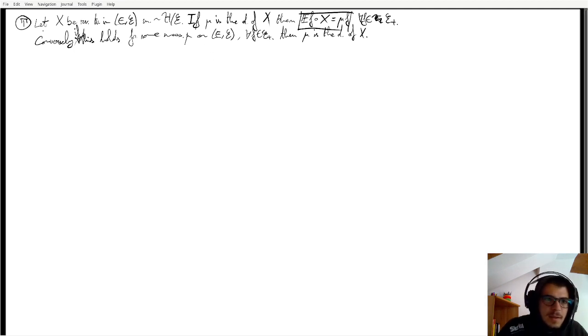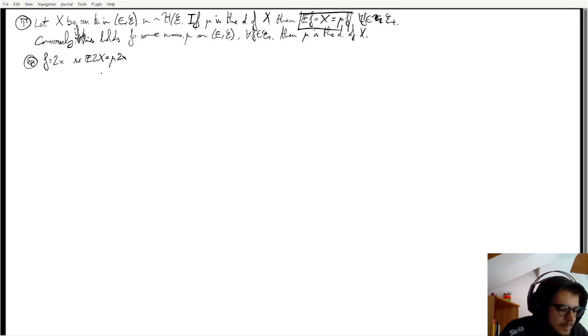And here I made an example. For example, consider f to be 2x. I don't know if this makes sense. So that the expectation of 2x is mu integrating 2x.